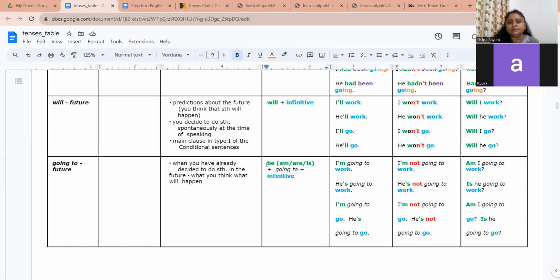So you see, the verb be, am, is, are, goes with going to, then the verb comes. I'm going to work. I will work. I'm going to work, definitely. I'm not going to work. He's going to work. He will work. Not sure.